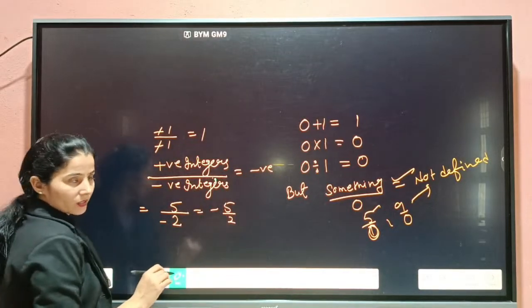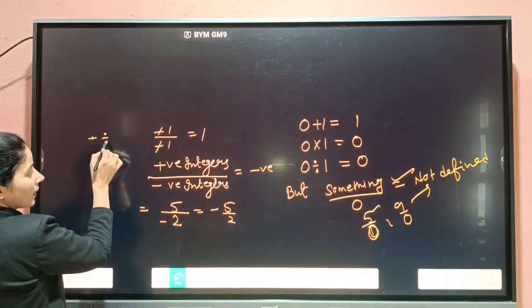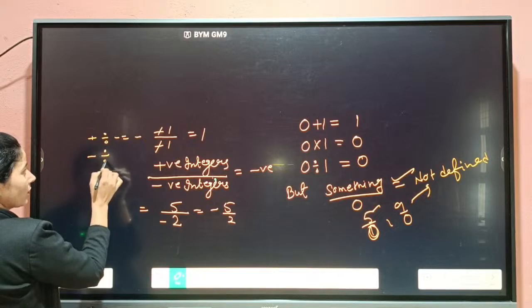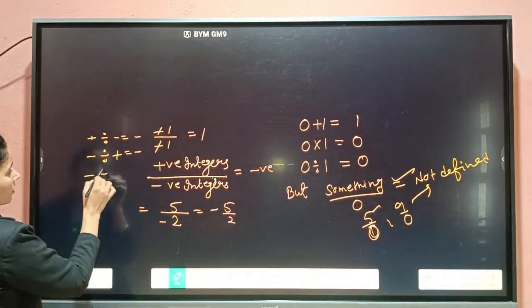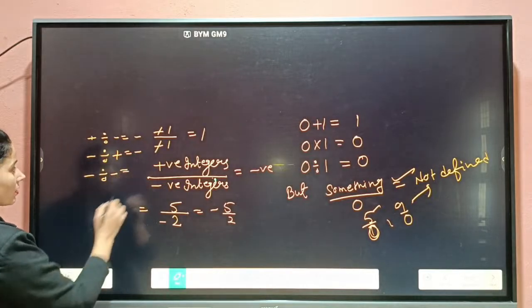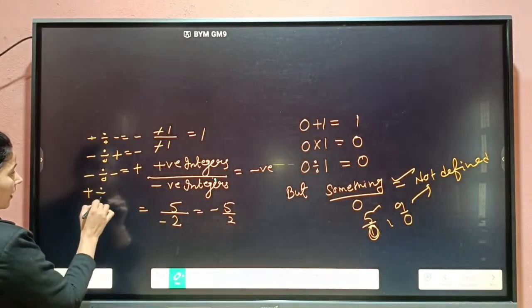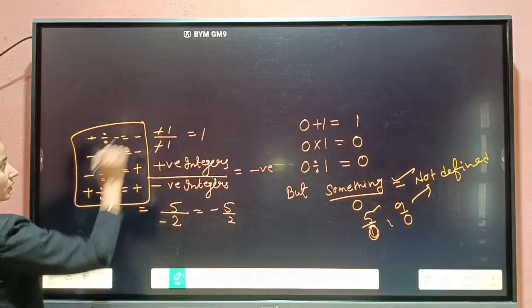So plus divided by minus, the answer is minus. Or minus divided by plus, again the answer is minus. Minus divided by minus, the answer is plus. And plus divided by plus, further the answer is plus.